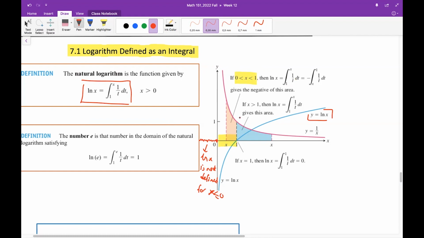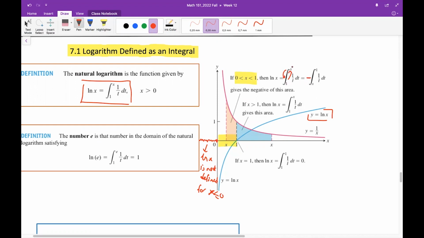Or in other words, you can just switch the places of the boundaries because the smaller boundary, which is x, is supposed to be at the bottom. So if you switch the boundaries here like this, you need to put an extra minus sign by the property of the definite integral.